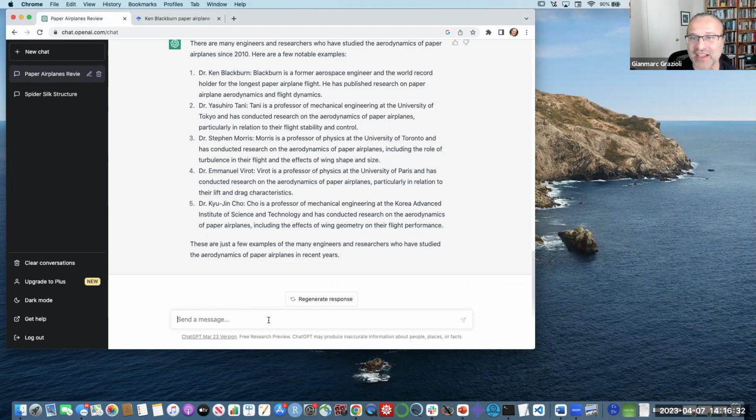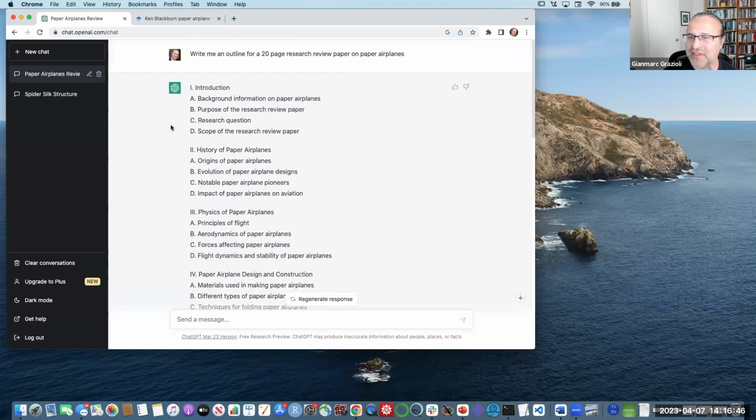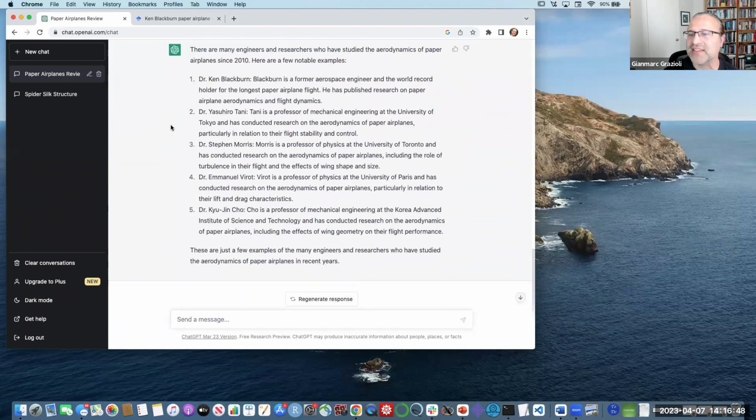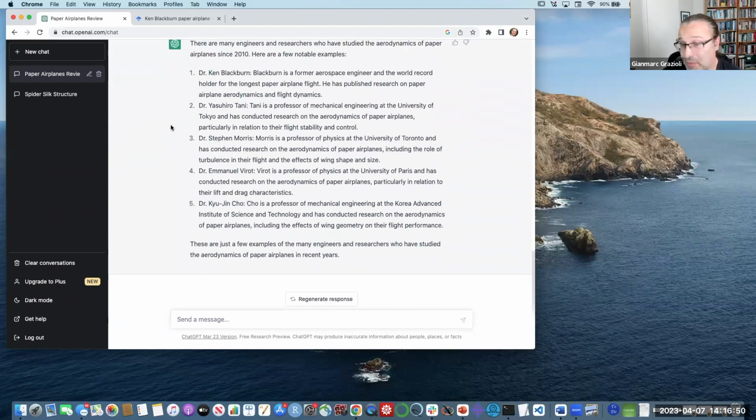You have to fact check, because it's going to sound 100% convincing and be dead wrong. So you can't just believe what it tells you. With things like an outline, there's nothing to fact check, but these people probably really are people who have published papers on paper airplanes. Wow.